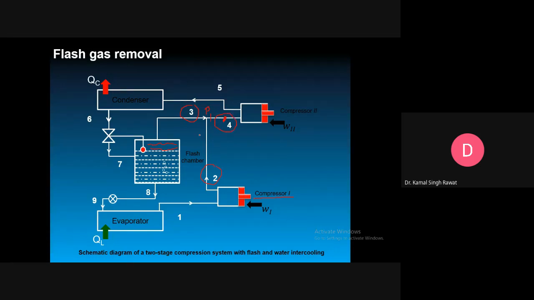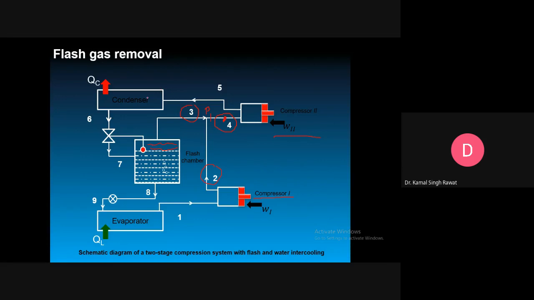Point to be remembered. Now, the superheated vapor enters compressor 2. And in compressor 2, we again supply work, W2 or WC2. In the compressor, it is compressed from the intermediate pressure to the condenser pressure.